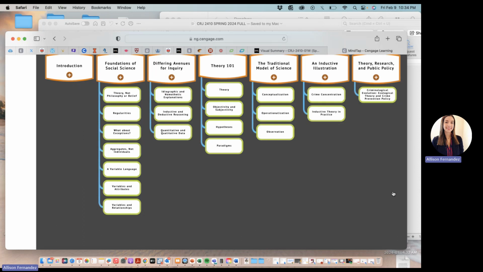So for employment, if you're unemployed versus employed full-time, employed part-time, those are all attributes, and the larger grouping is referred to as the variable.